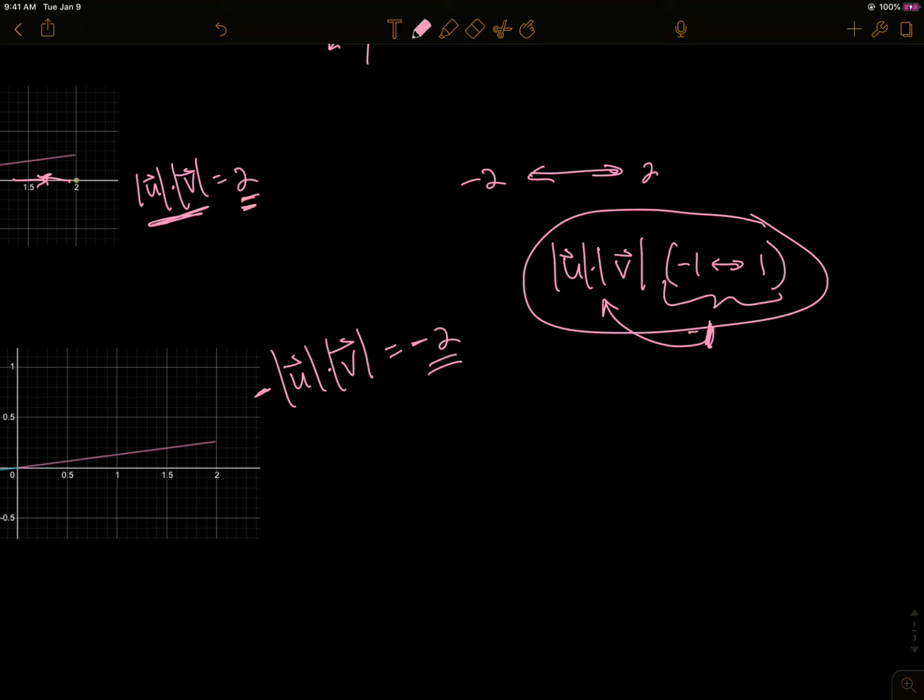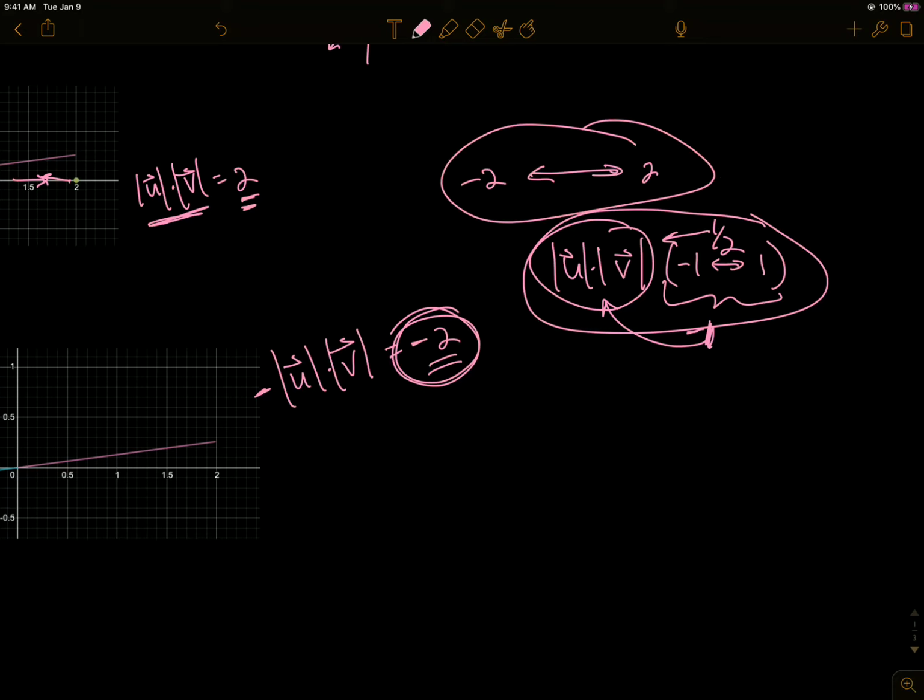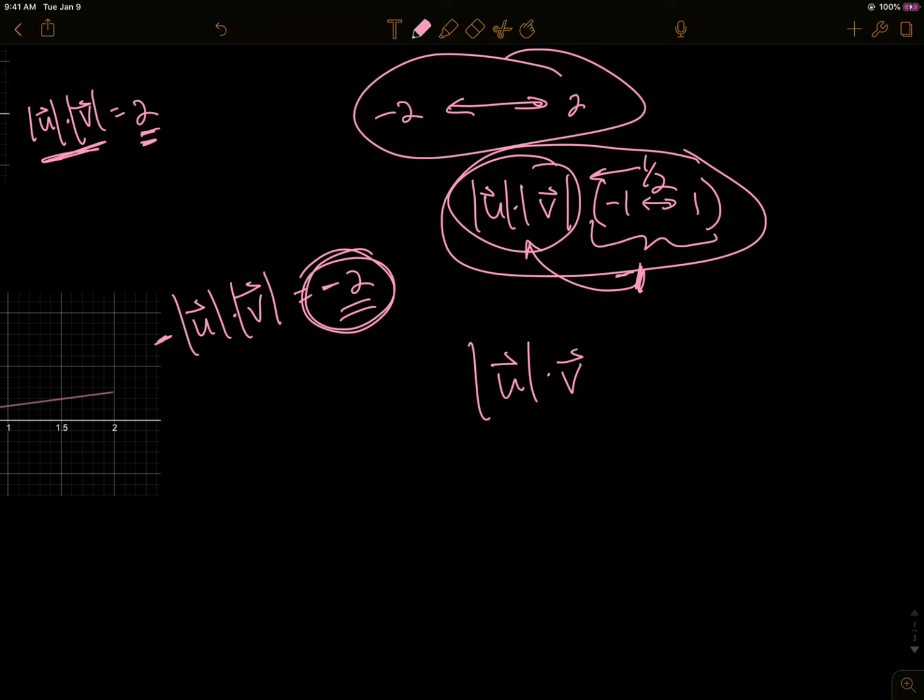And when the function is negative 1, I'll get the smallest one. Then I'll get everything in between. If the number inside here is 1/2, and I multiply the magnitudes and then multiply by 1/2, I'll get a dot product somewhere in between these two. Okay? So what function could oscillate between negative 1 and 1?